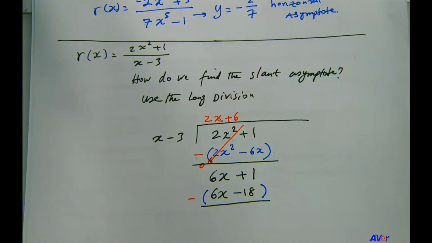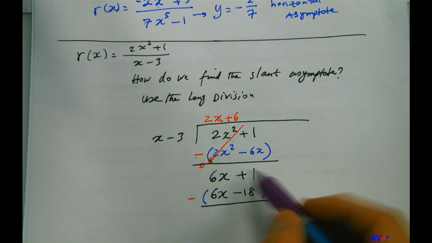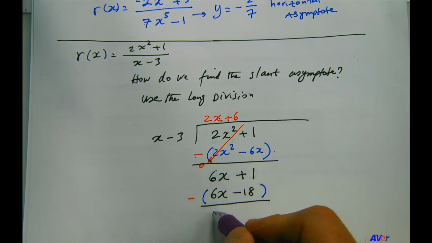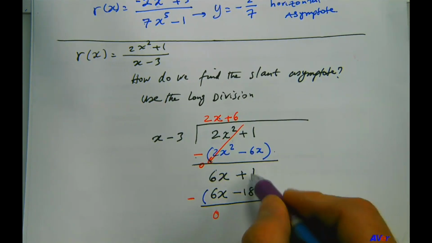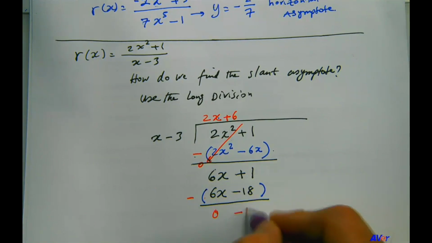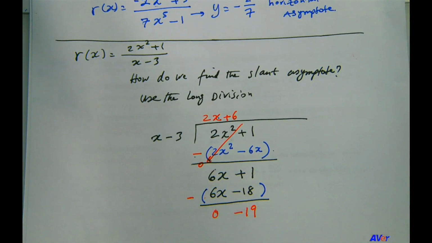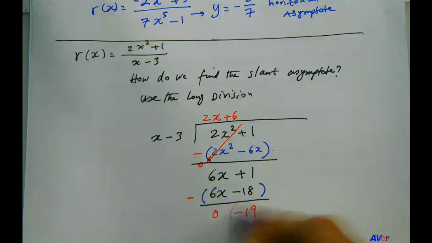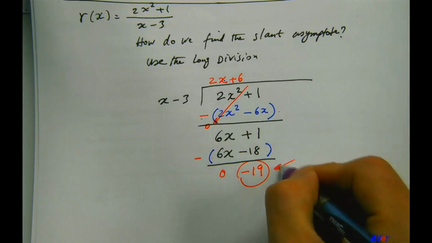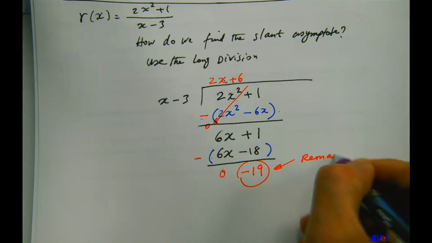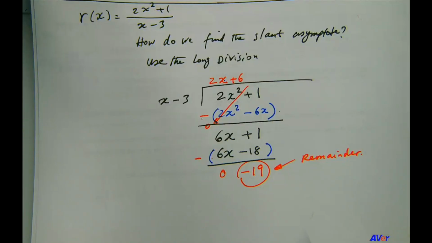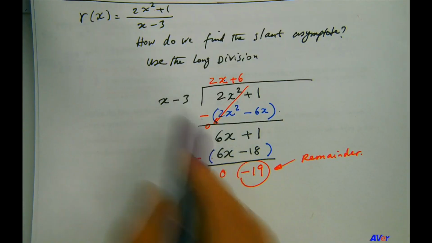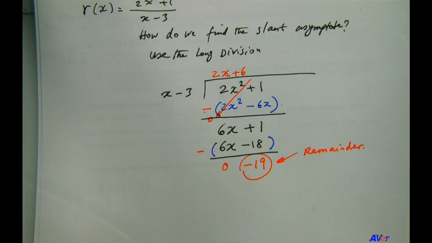Then we have the 6x minus 6x, 0, 1 minus minus 18, 19. Okay? So what do we have here? We have this is the remainder, right? That is the remainder.